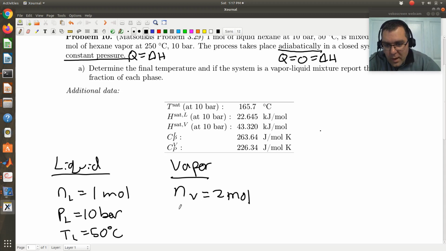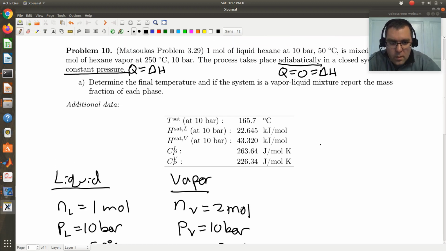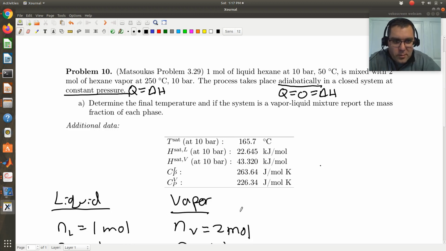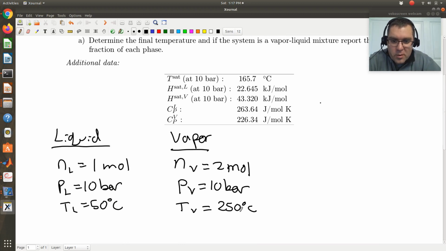We are also at a pressure of 10 bar, and the temperature of my vapor phase is 250 degrees C. I'll keep my temperatures in degrees C because a change in temperature in degrees C is equivalent to a change in temperature in Kelvin.